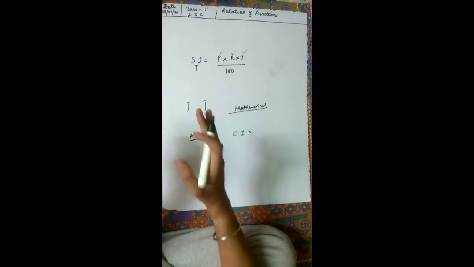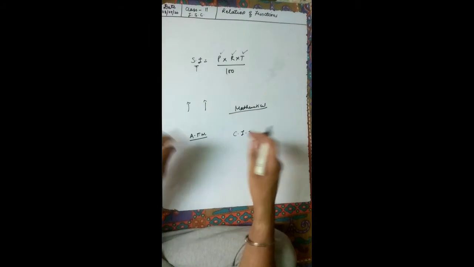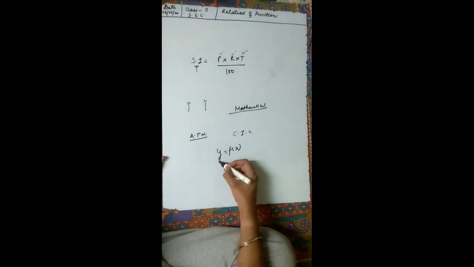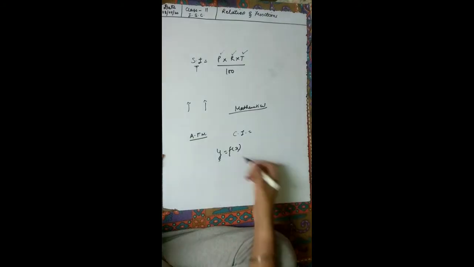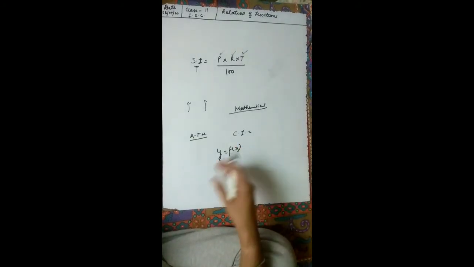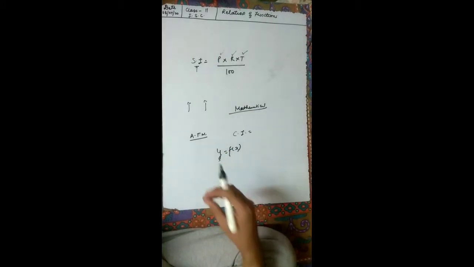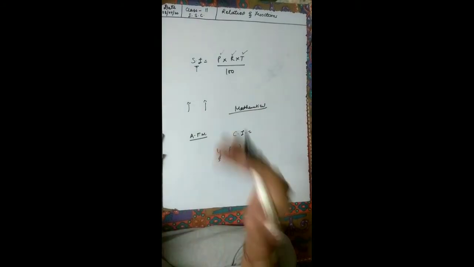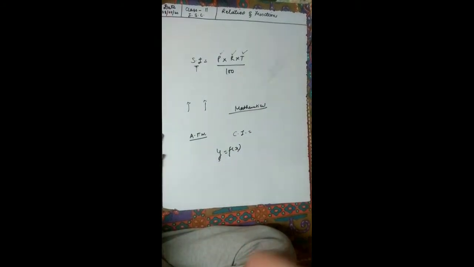So we have molded the equation into some function. We write y is equal to f of x. So y is a function of x, and this function can be anything. It can be trigonometric, logarithmic, or exponential according to our situation. So this is the practical use of function.